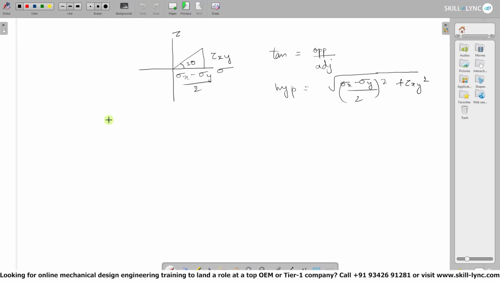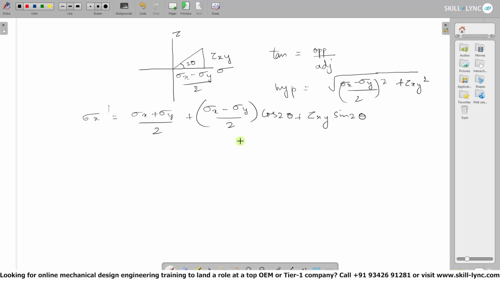Now going back to our stress equation where sigma x dash is equal to sigma x plus sigma y by 2 plus sigma x minus sigma y by 2 into cos 2 theta plus tau xy sin 2 theta.